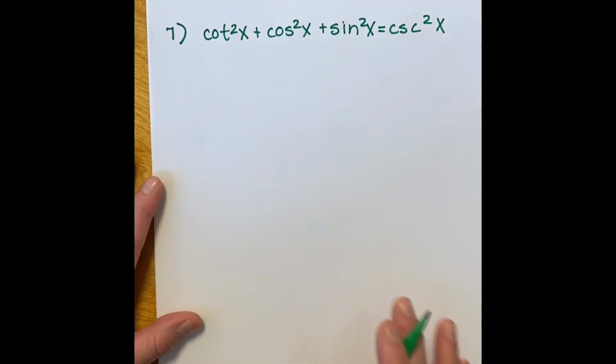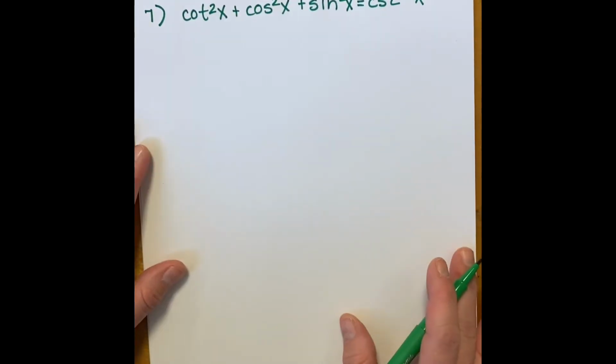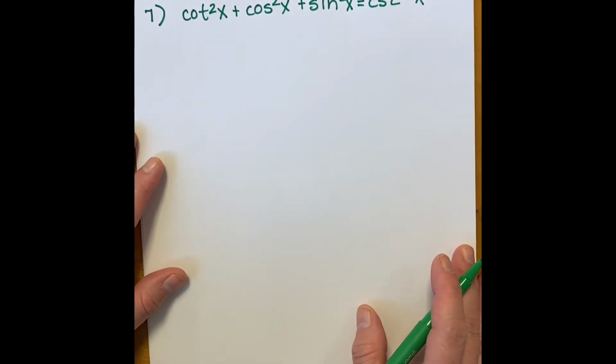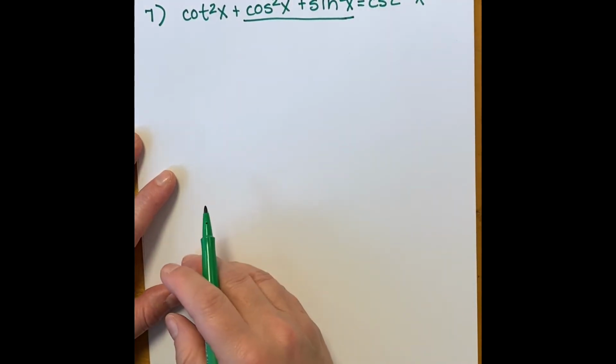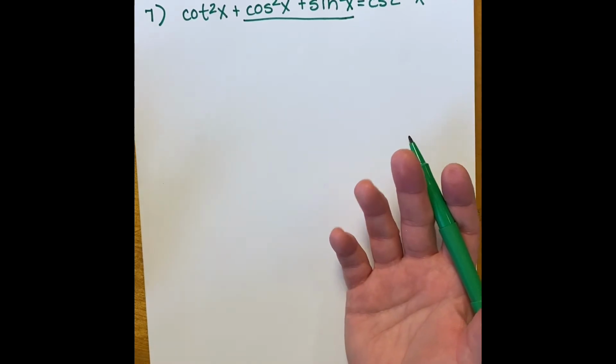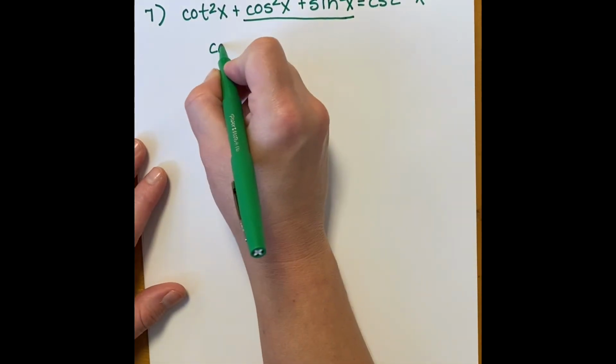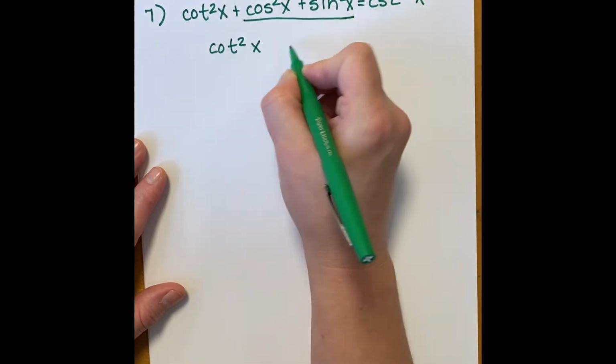Well, you have something straight off of Pythagorean identity right here. Do you see it? Look. Cosine squared plus sine squared. What is cosine squared plus sine squared? Well, that just equals 1.